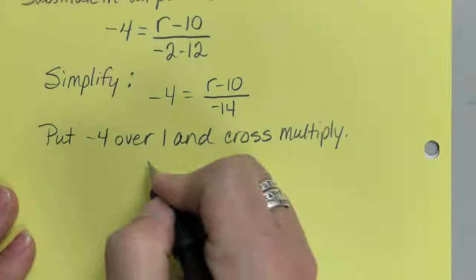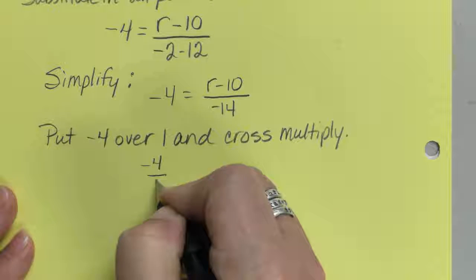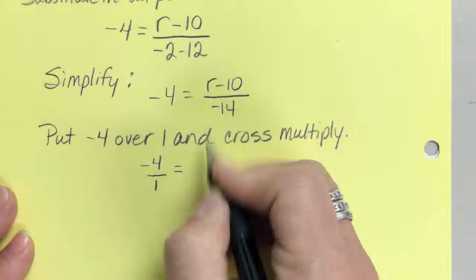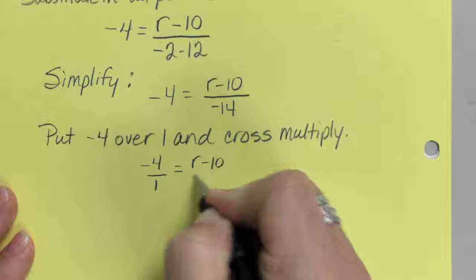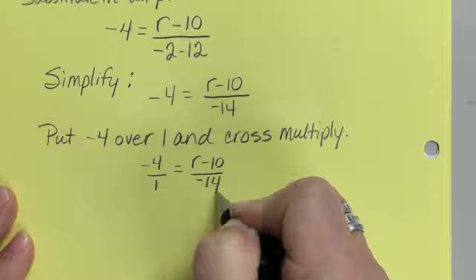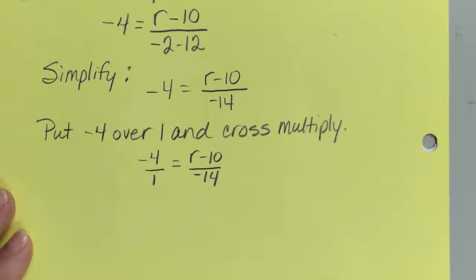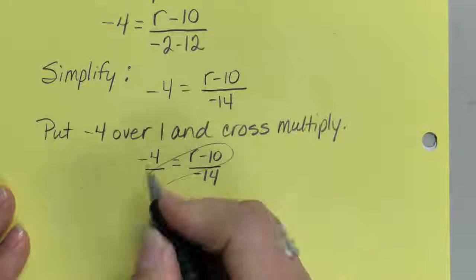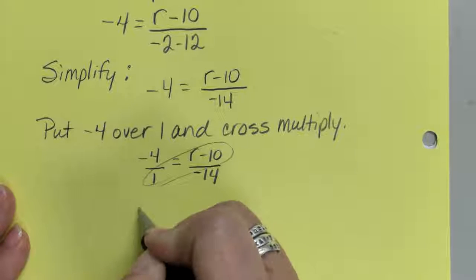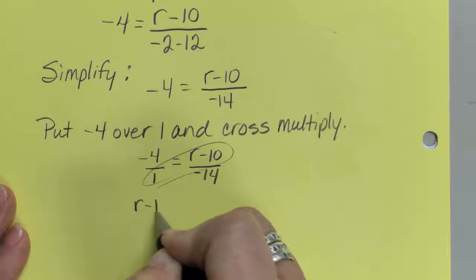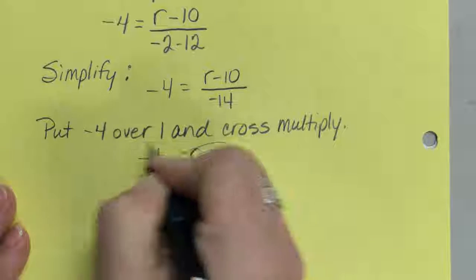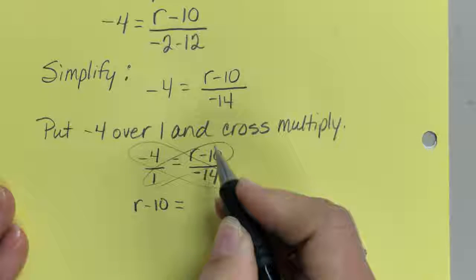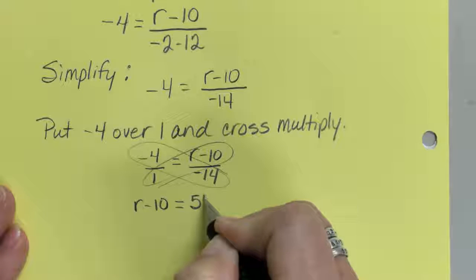So here's what I mean. -4 over 1 on the left. I'm just going to keep everything else on the right. So now, as you can see, on one side of my equation, 1 times r minus 10, I don't have to distribute that 1, I can just write r minus 10 equals -4 times -14, which is a positive 56.